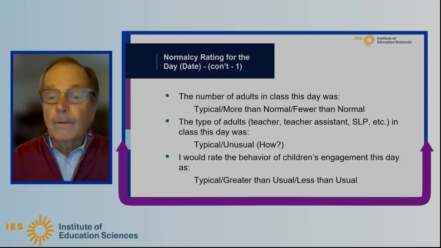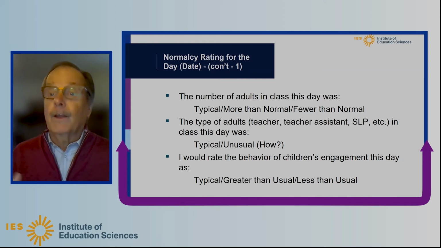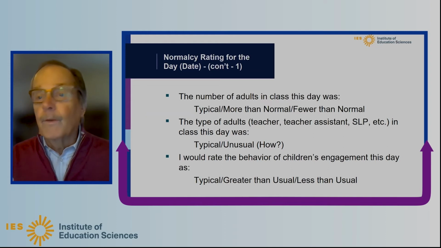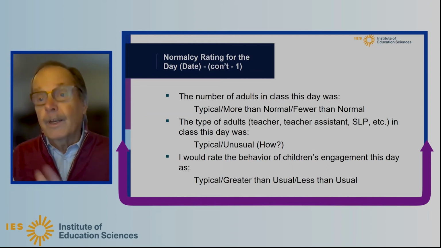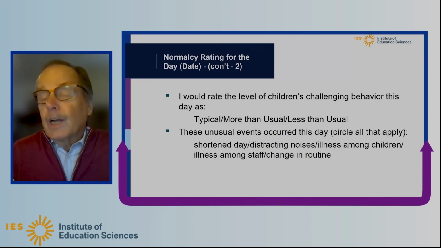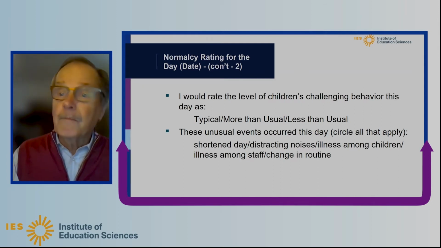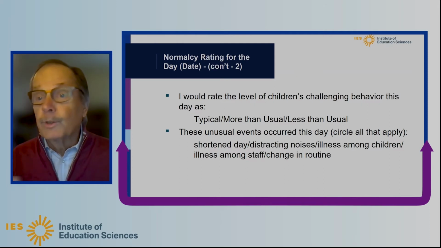How would you rate the children's engagement in the day, their engagement in developmentally relevant activities, their fluid movement throughout the day, going from one context to the next? And how would you rate the child's challenging behavior today? About the same, worse? And were there any unusual events that you would like to tell us about?